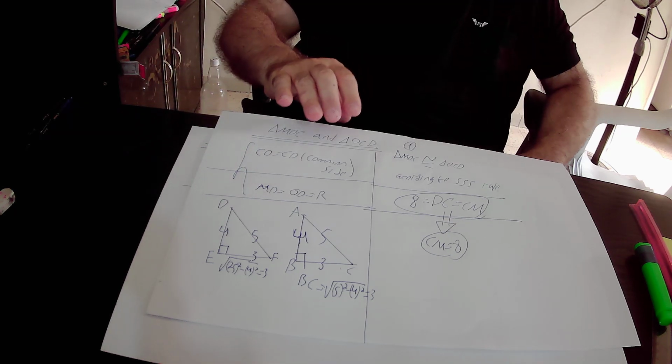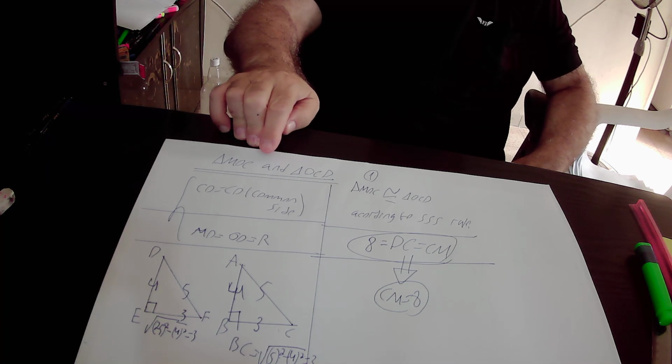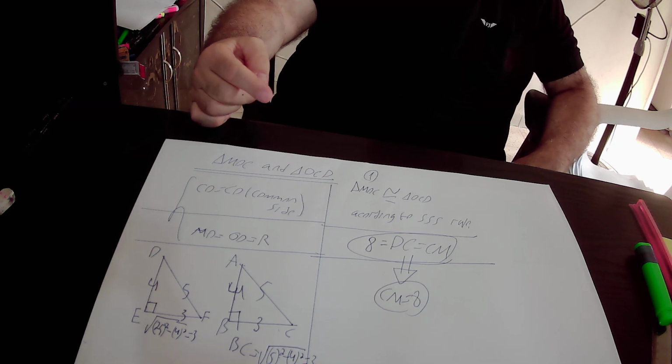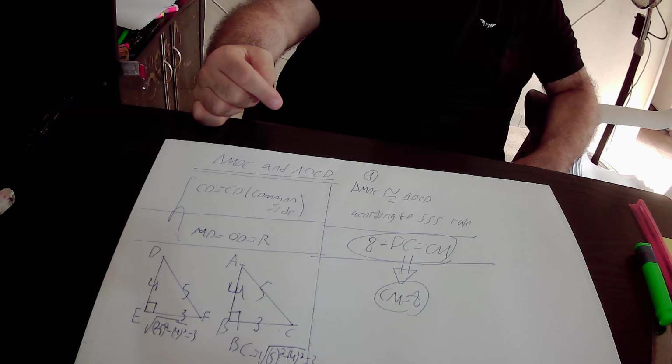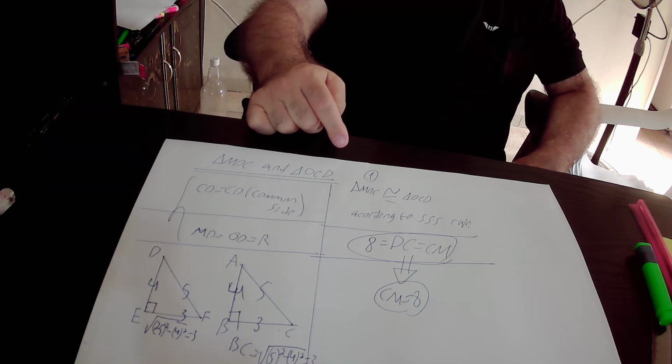Okay, so therefore here we also have the hypotenuse and one perpendicular that go in, therefore the third side must also go in, and therefore those two right triangles can go into each other according to the side rule.